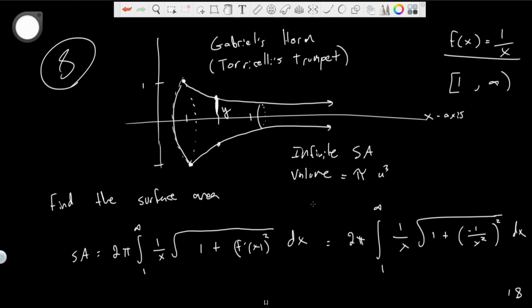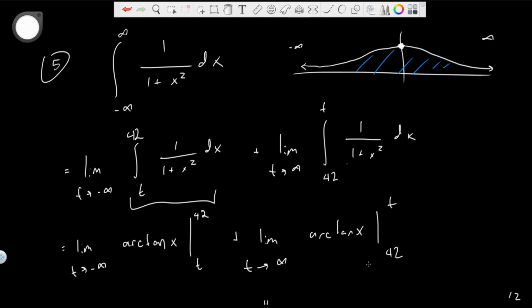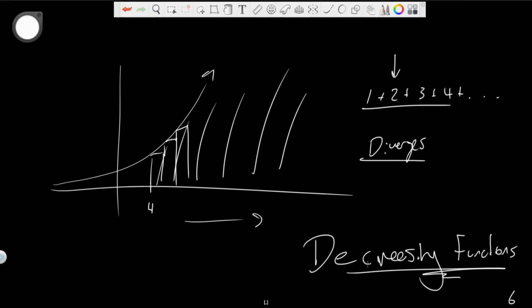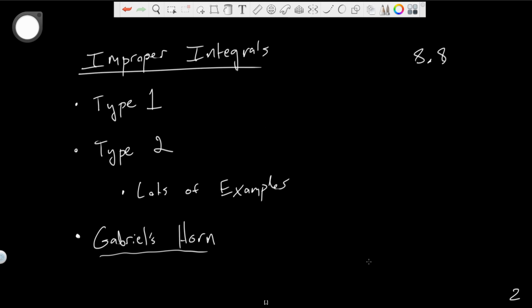Let's look at what we did. We talked about two types of improper integrals. Type 1 was when we go off to infinity, or negative infinity, or both, an integral from negative infinity to infinity. Our bounds were infinite.